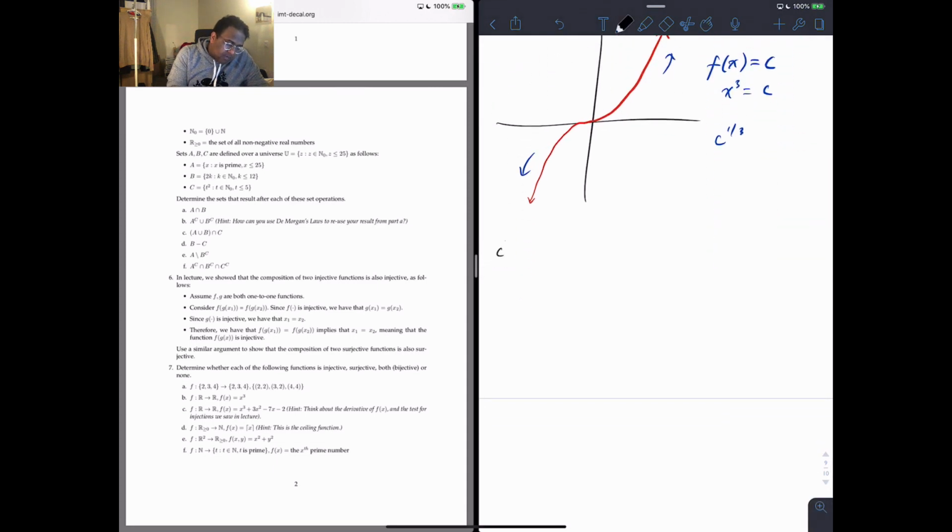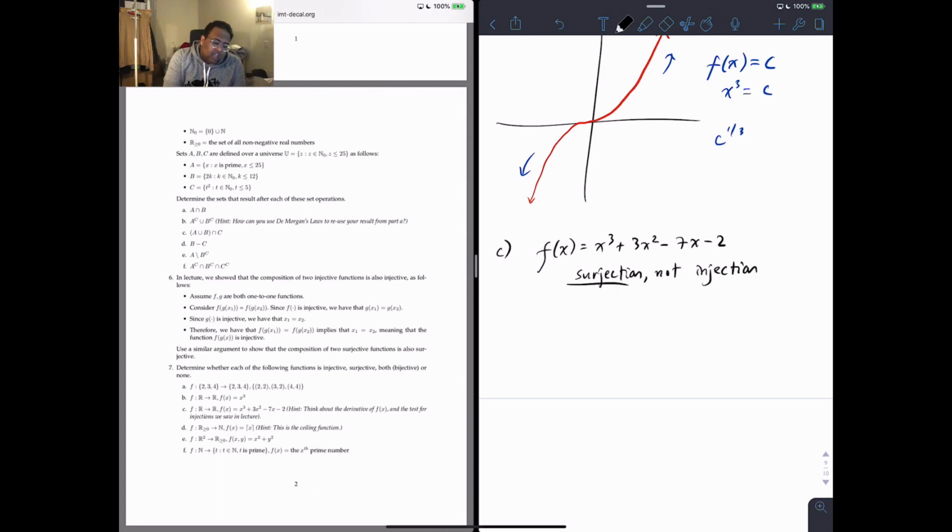Okay, so now we need to look at C, which is given by f of x is equal to x cubed plus 3x squared minus 7x minus 2. So this one is a surjection, but not an injection.